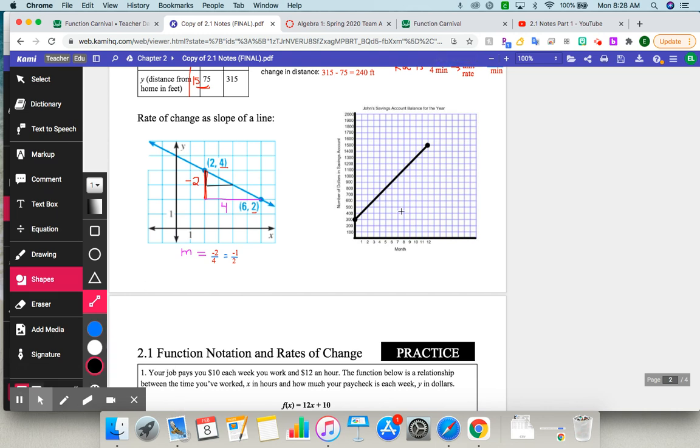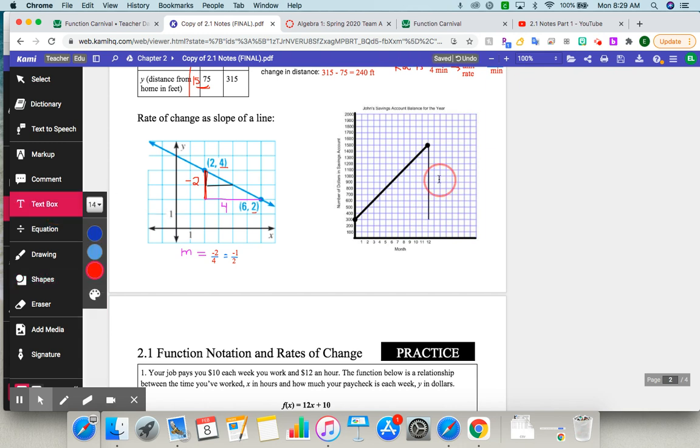In our last example, we're working with the point 0, 300 and the point 12, 1500. So we can look at our vertical change, and that's a total of $1,500 minus $300, giving us a total vertical change of $1,200.